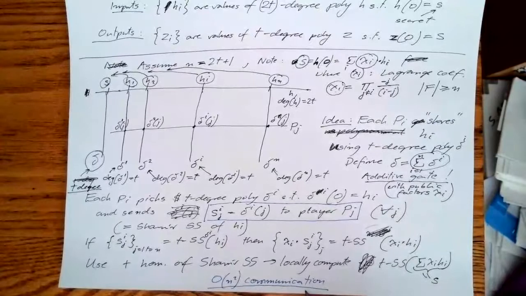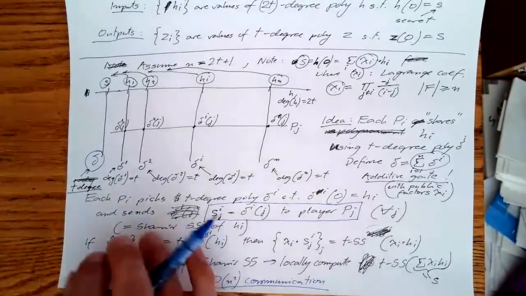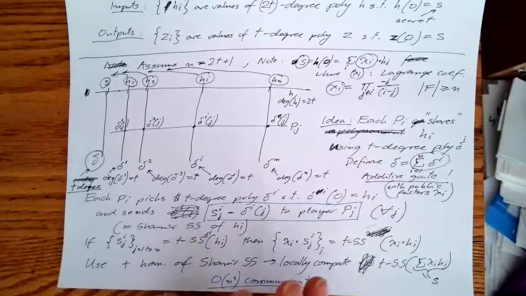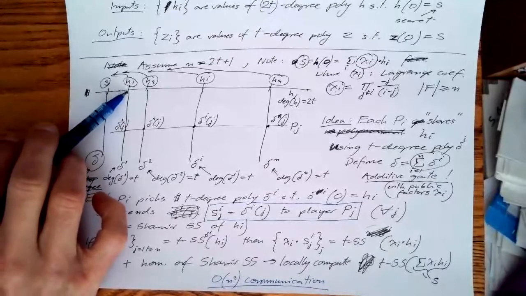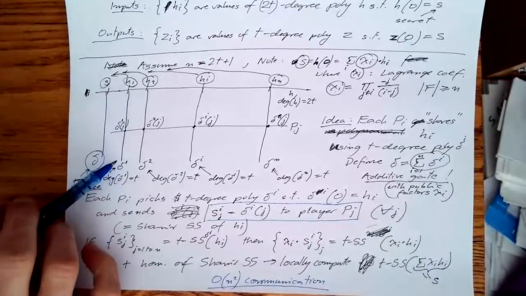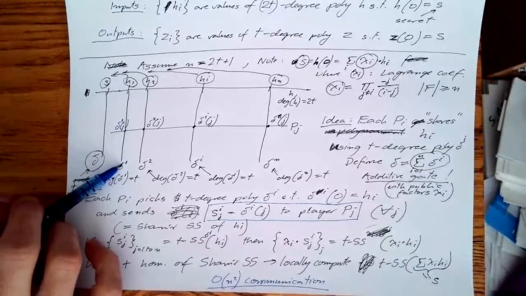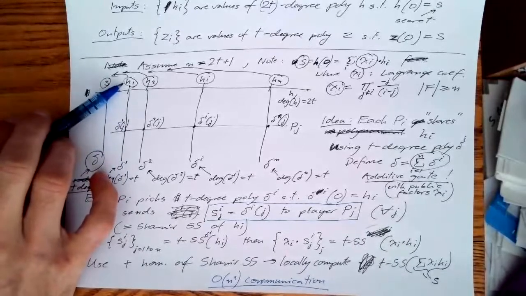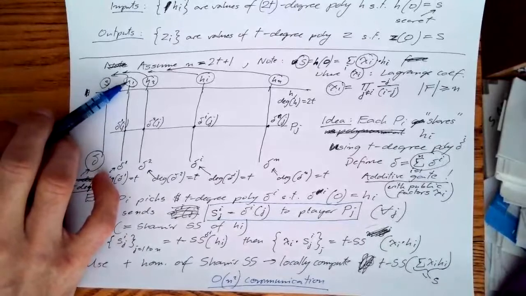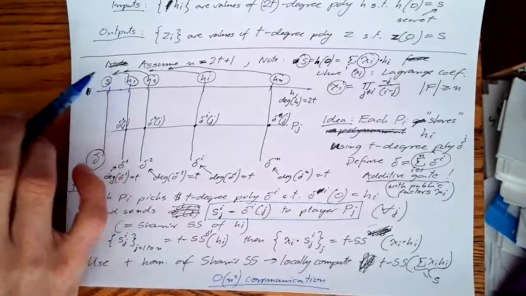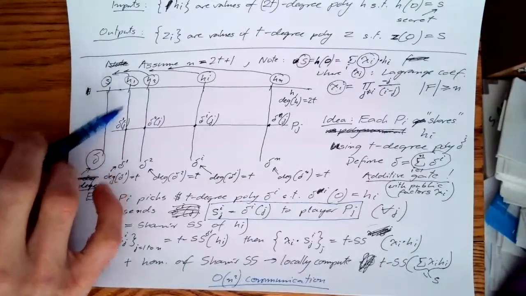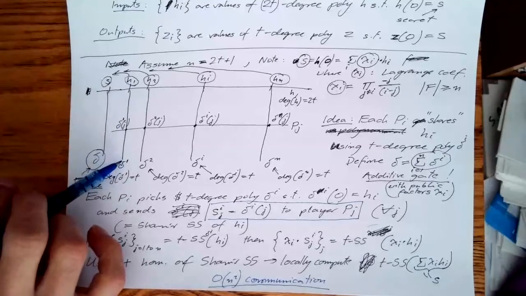So far we didn't get to how to do this for when players are malicious, because just like in the randomization step, a single player, if he just sends complete nonsense here, instead of sharing a t-degree polynomial that secret shares the product of his shares of the two gates, he just sends random stuff. It's not even a t-degree polynomial.